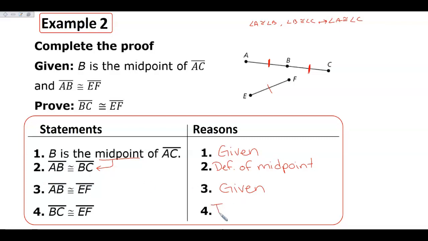So this is our transitive property, and it's our transitive property of congruence. But again, I'm not worried about you writing of equality or of congruence. But I know it's of congruence because I have congruent symbols. All right. Again, as you have questions, just make note of them on your notes.